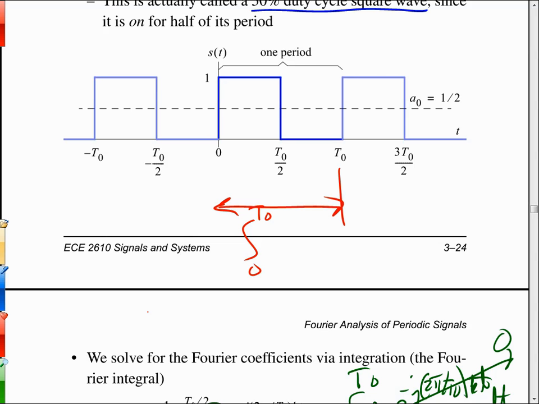If you're in the lab using a DC voltmeter, an instrument that measures the average value of a waveform, or the steady value coming out of a supply or a battery, it would measure 1/2, because it would average over all time and say half the time it's high, half the time it's 0, it averages to 1/2. That's why I have the dashed line drawn through there. That's a pretty easy calculation.